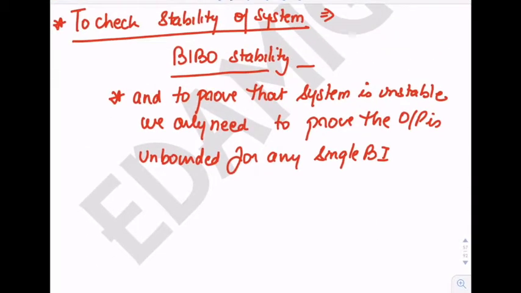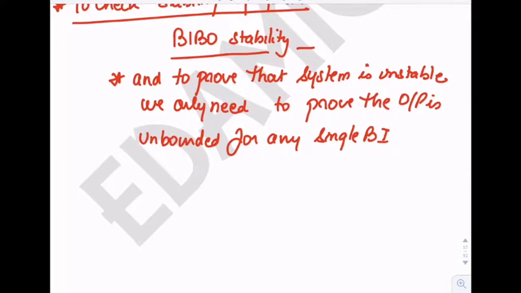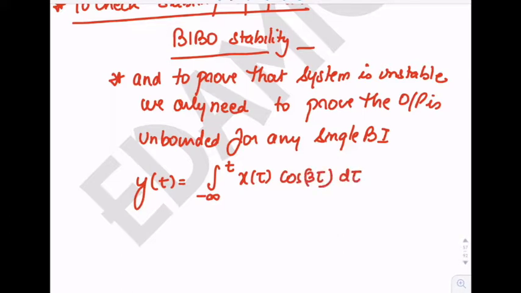So the general rule that we have seen in the previous case is that if x(t) is equal to u(t) or x[n] is equal to u[n] is given as input and the output is unbounded, then the system becomes unstable. But in this case, y(t) is equal to the integral from minus infinity to t of x(tau) cos of 3 tau d tau, and if we give input as u(t), then the system will come out to be stable.